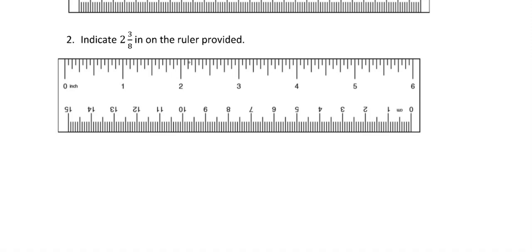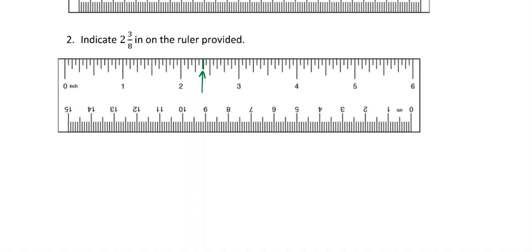So these are my 8th spots. Those green lines are where I would have something over 8. This counts too as an 8th, but it would simplify to 1/4 or a half. So 3/8: this is 1/8, then 2/8, and this would be my 3/8. It's just 3 ticks to get to that point. Just right there. So that's 2 and 3/8.